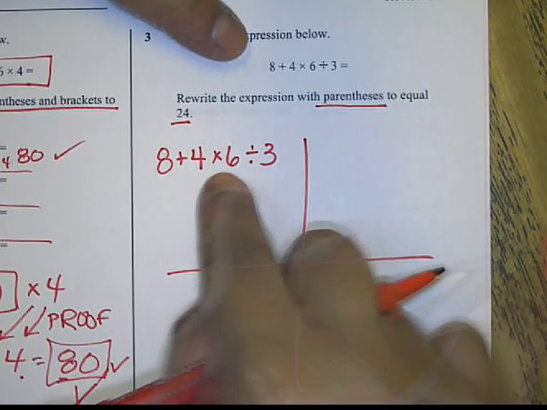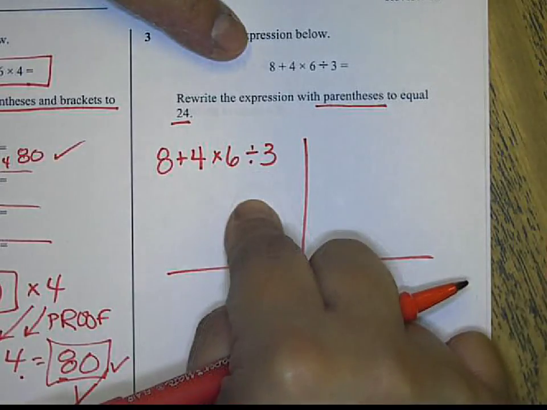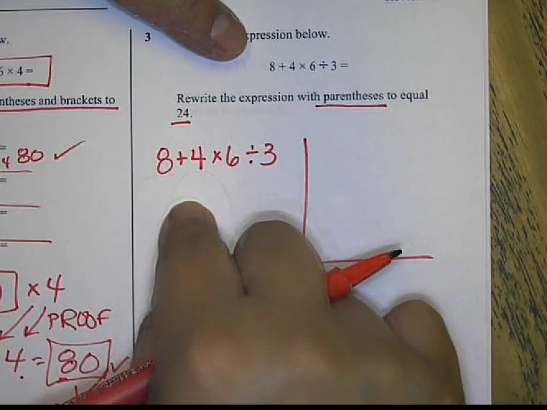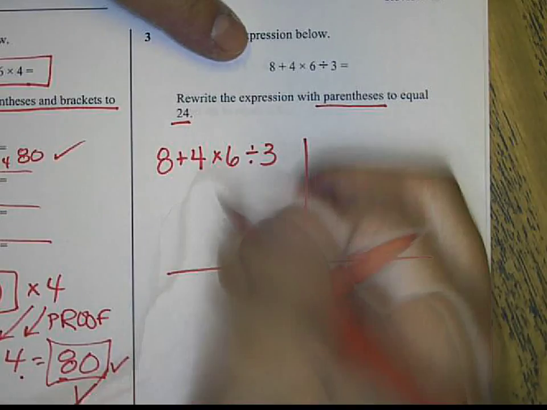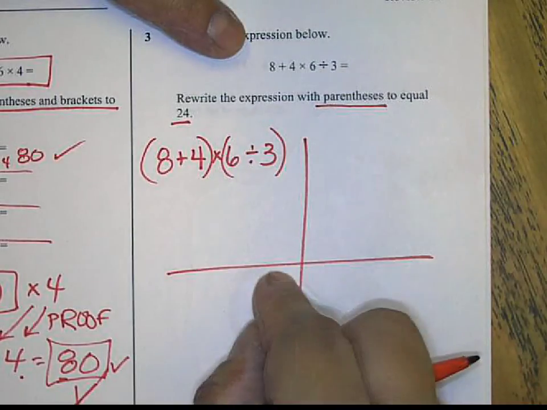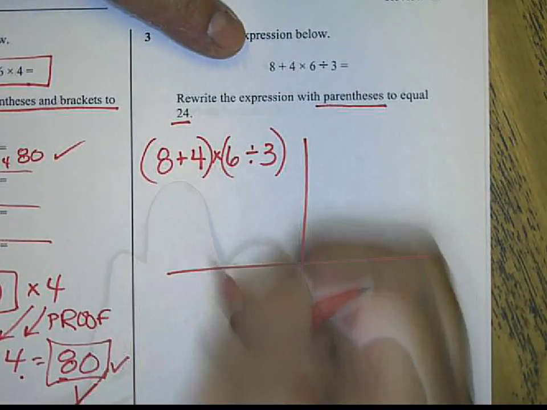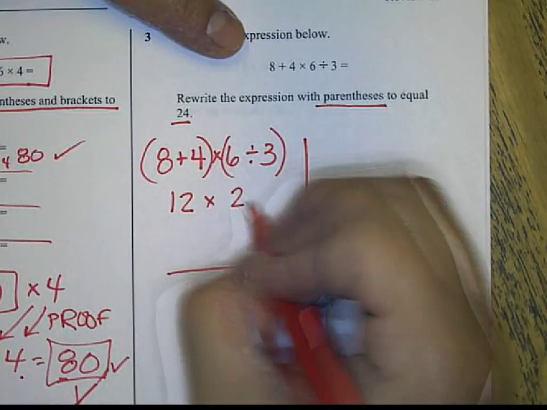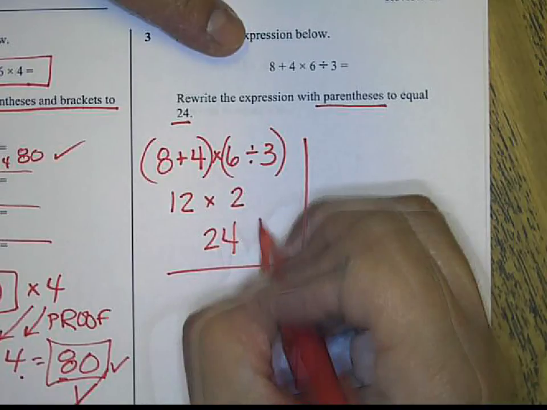Alright, well I know 6 divided by 3 would give me a 2. So something times 2, 8 plus 4 would be 12, right? So let's try that. 8 plus 4 is 12 times 6 divided by 3 equals 24.